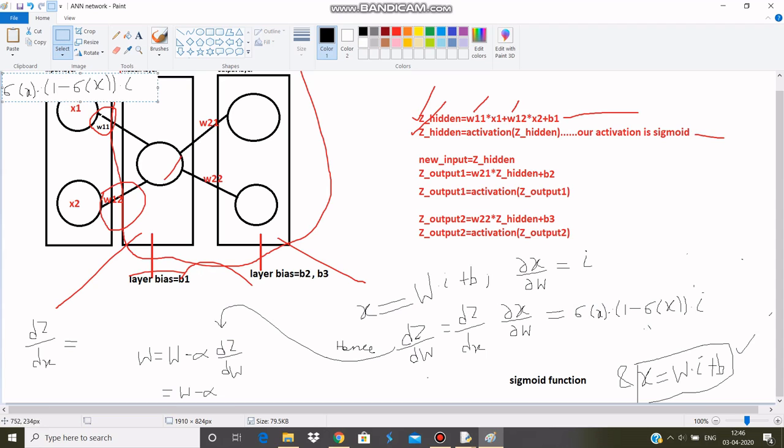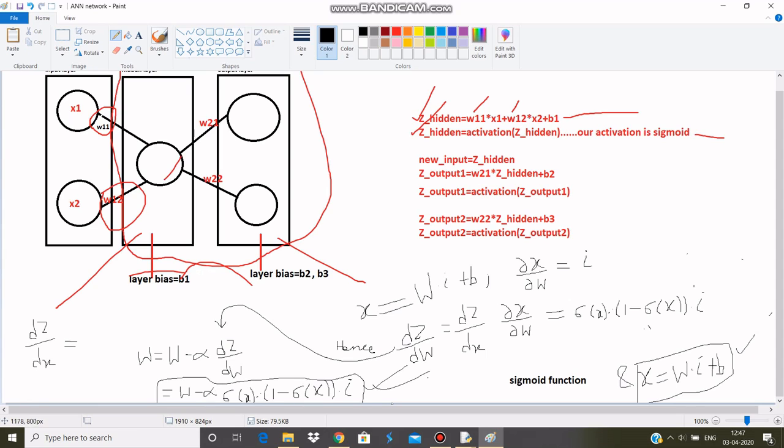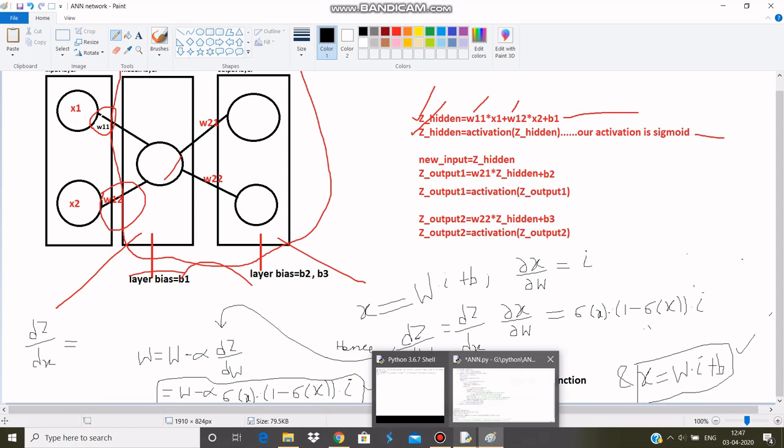Oh sorry, selection is difficult because the dot of I is missing here, so we'll just put it manually. It's looking like C. I'll just put it here manually, and this is our final equation. So we'll just note it down, put a box and note it. This is our final equation that we will be using for our backprop.